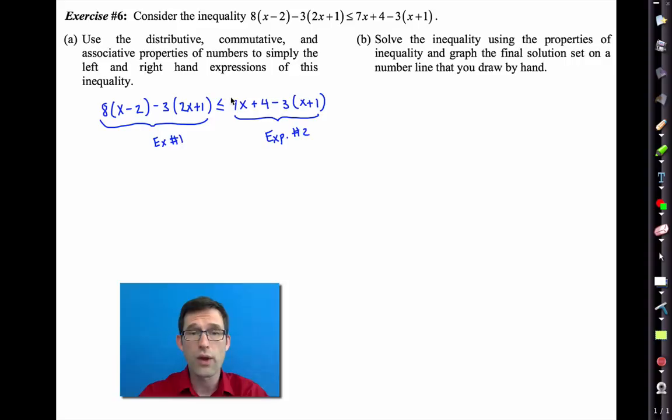Nothing at all. And if there was an equation here, it would have nothing to do with the equation. We're simply going to be using the associative, commutative, and distributive properties of numbers to rewrite these things.